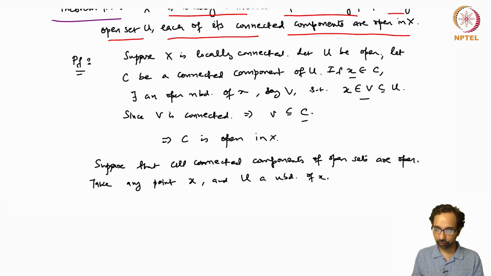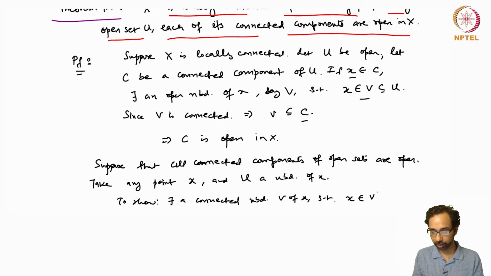And so now we have to find a V. So to show that there exists a connected neighborhood V of x such that x is in V and it is a subset of U. But V is precisely one of the connected components of U which are open by our hypothesis.